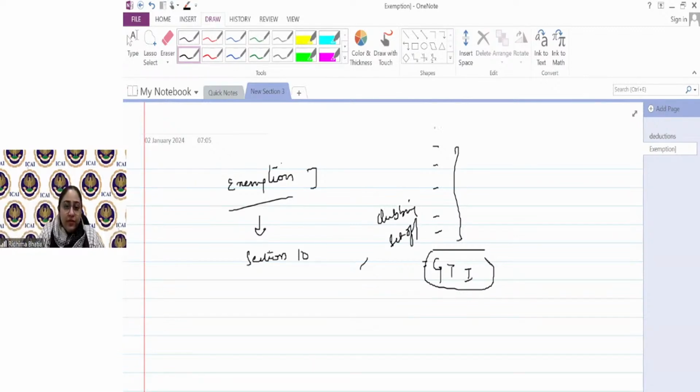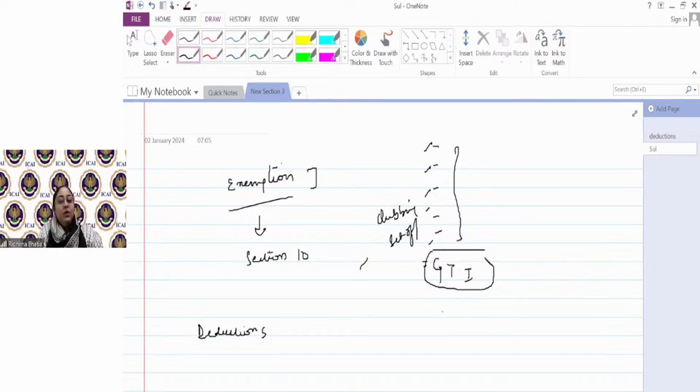Okay? So they are never included in these particular heads of income, and hence are not included in my gross total income. Now deductions, as you say, if I say deductions from gross total income, it means you have computed the income and the component of taxability on it.